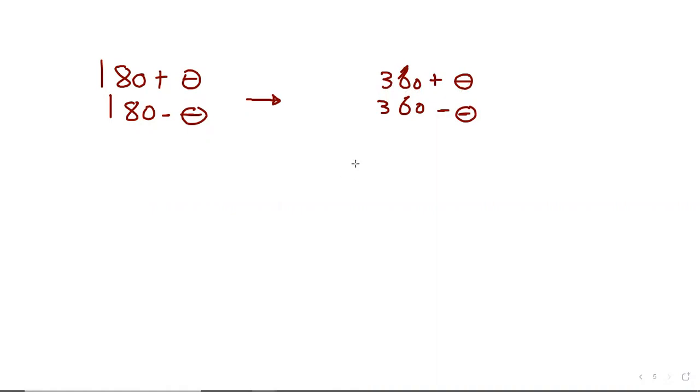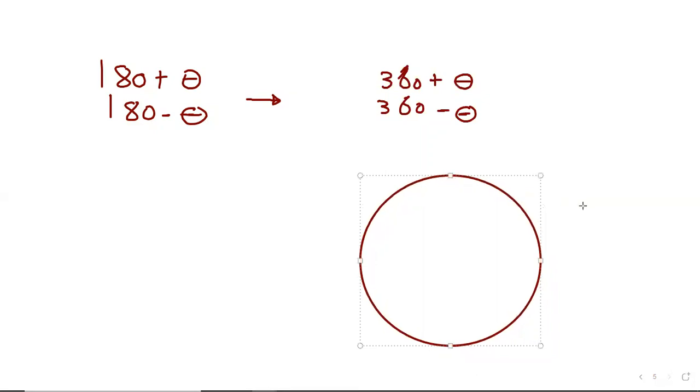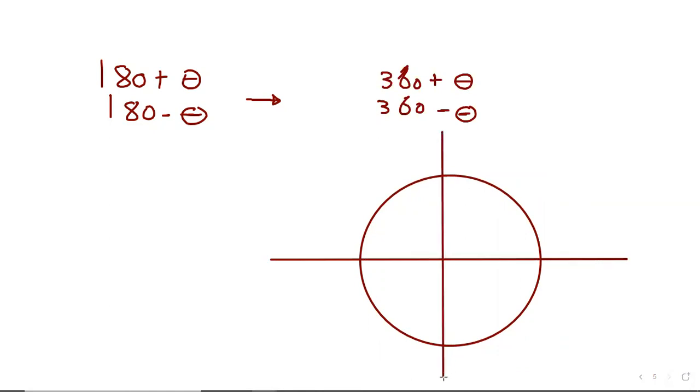What about the angle of size 90? Let's draw the unit circle again. Here is the unit circle, and here is the XY coordinate plane. Pay attention, everyone. If I construct an angle here of size theta, this angle is theta.